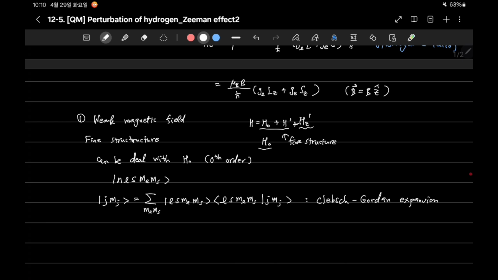This Clebsch-Gordan expansion is written in the textbook, and it is a very delicate calculation.